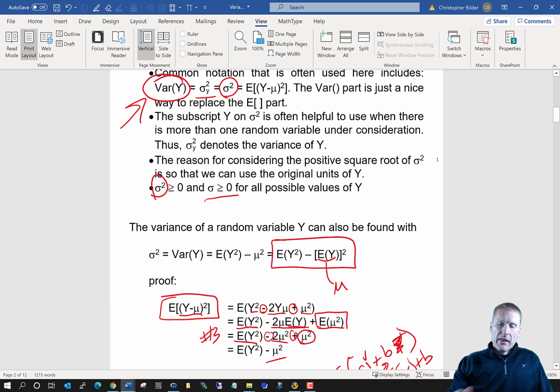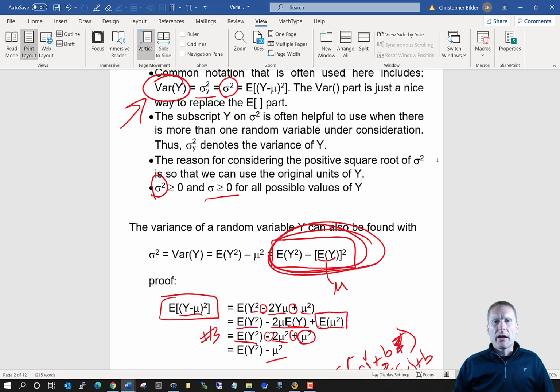And so this results in this nice little shortcut formula. In terms of actually doing calculations, this is what's more often used, because if you already calculated the expected value of y and the expected value of y squared, then you have the corresponding quantity.